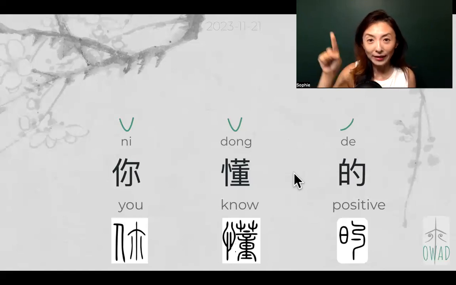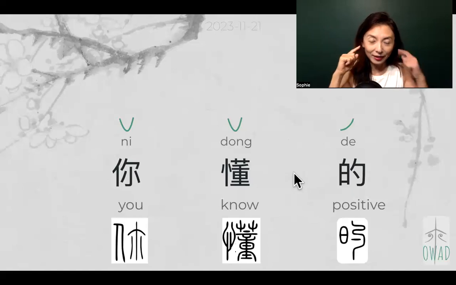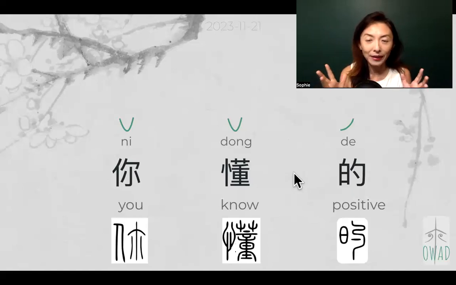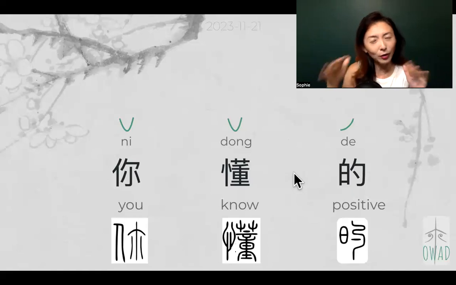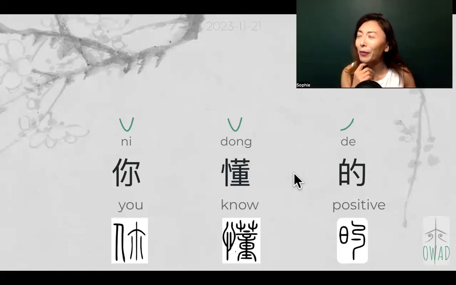So they use the rising tone to make it sound like it's not a stop, just like English, right? We always say, well, we say, as well, but it's kind of like there's stuff coming after it. The sentence, the speaking is not finished yet.